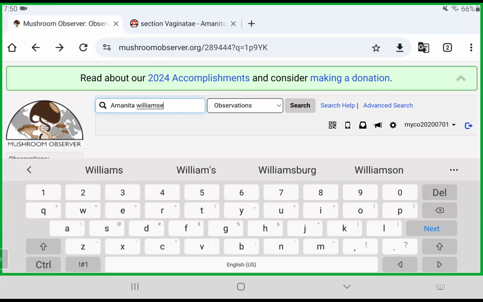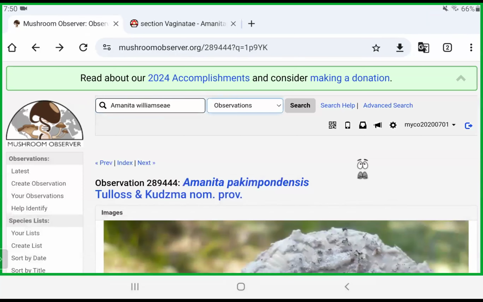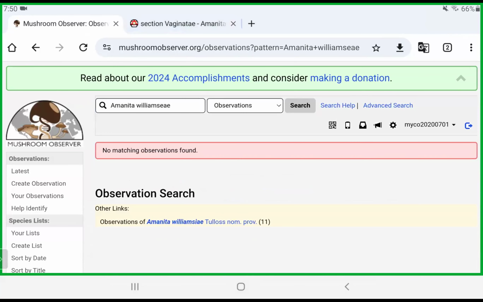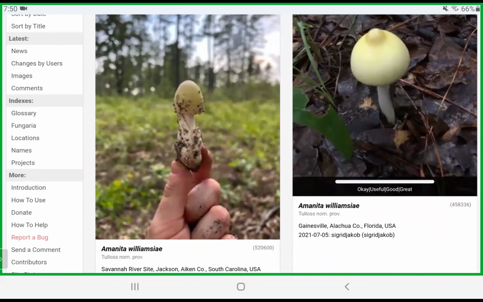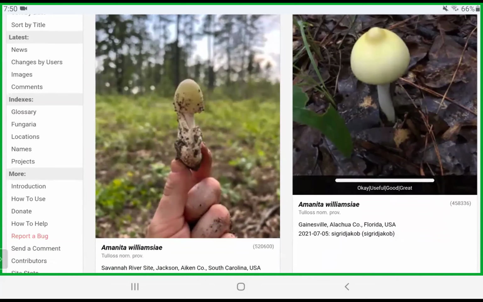So only the New Jersey pine barrens so far. I only know it in the Jersey pine barrens, and it's very easy to ID because it has a yellow cap. It's always yellow, a very nice shade of yellow.